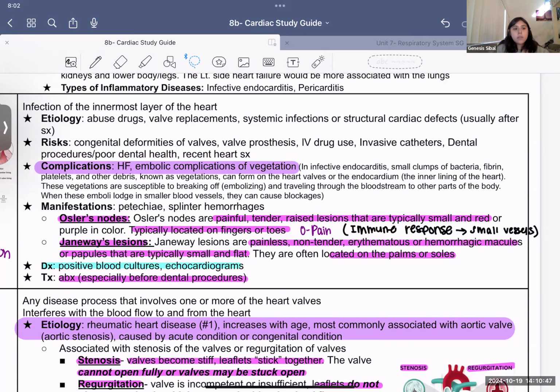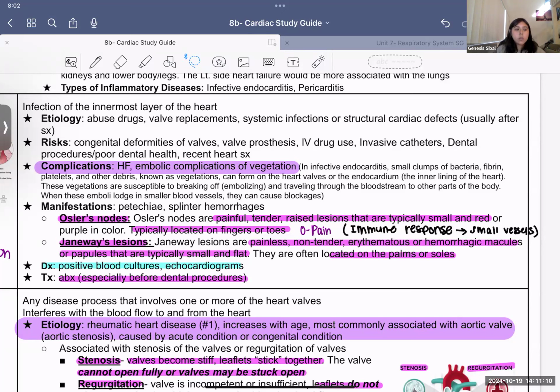So it's specifically vasculitis, so vessel inflammation. Those small vessels are going to be affected, and that's why Osler's nodes are more related to the immune response and the breakdown of what's happening with the antibodies. That's why it's usually located in your fingers and toes, because it's going down to the vessels. So vasculitis meaning inflammation of the vessels, but it's going down even to your smaller vessels as well.